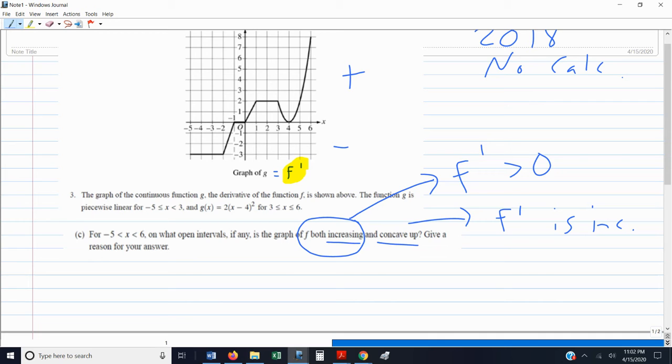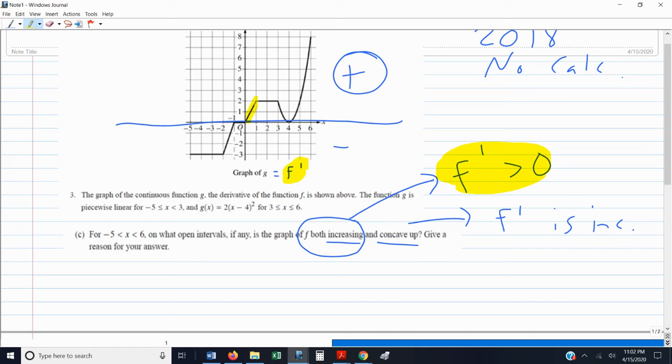So we have our annotations, and then we're going to go to the graph and look for this. So the first thing we're looking for is f prime is greater than 0 or positive. And that means that it is going to exist above the x-axis, right? Greater than 0, positive, above the x-axis.